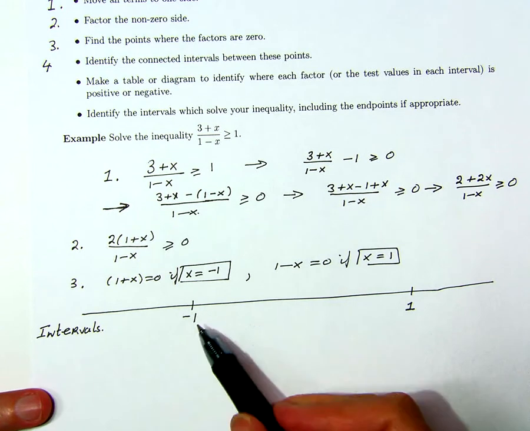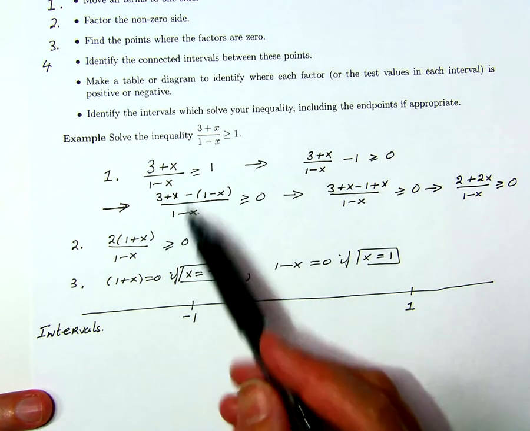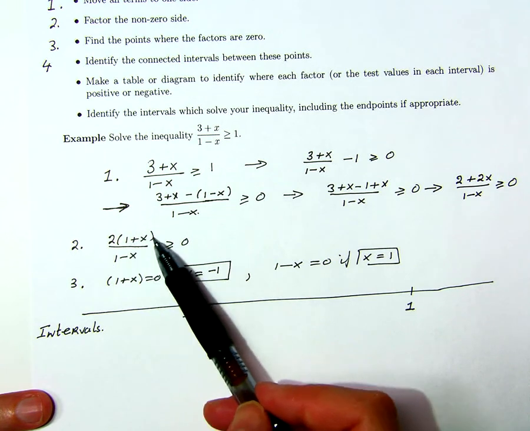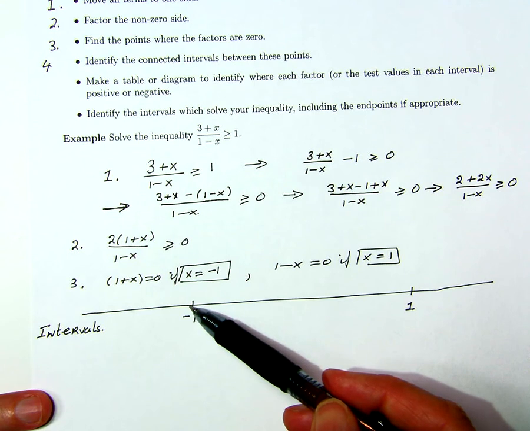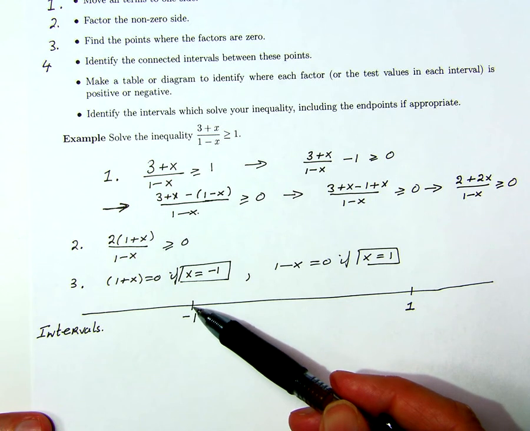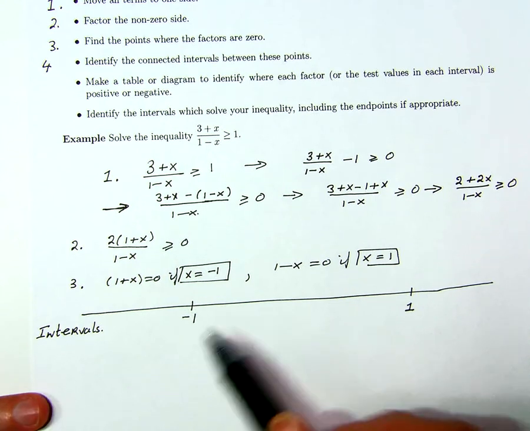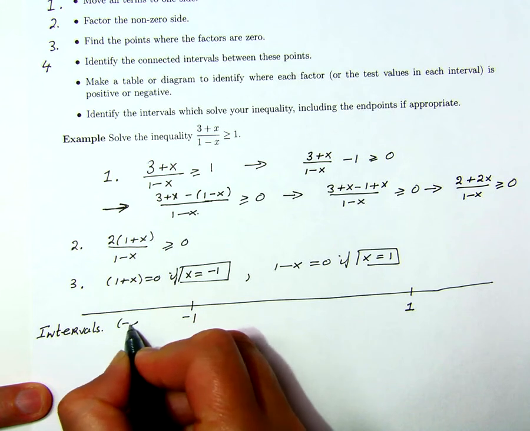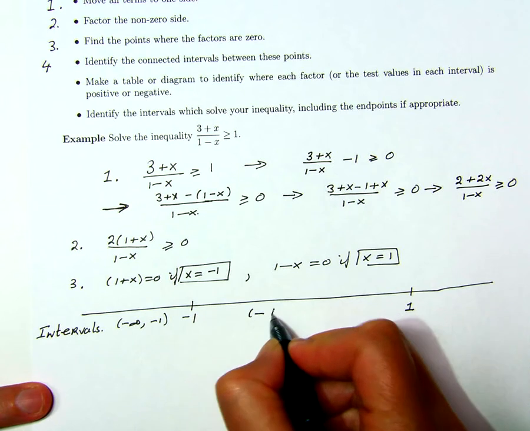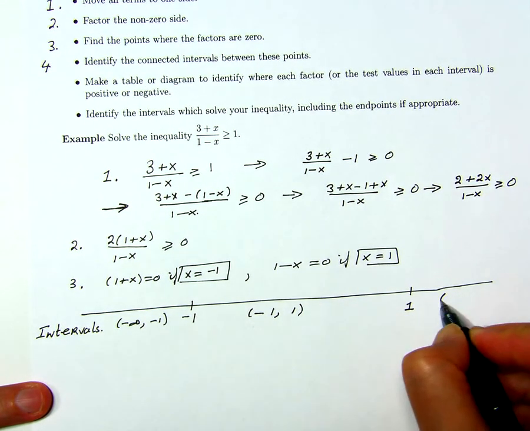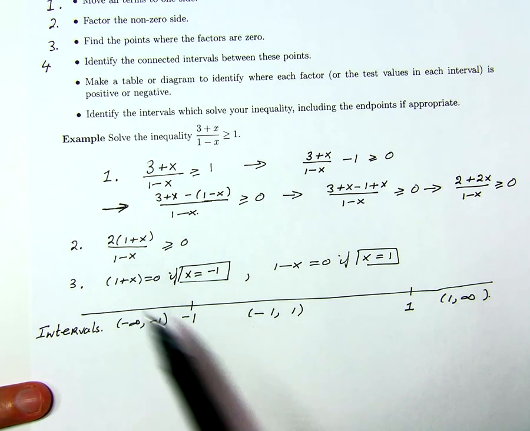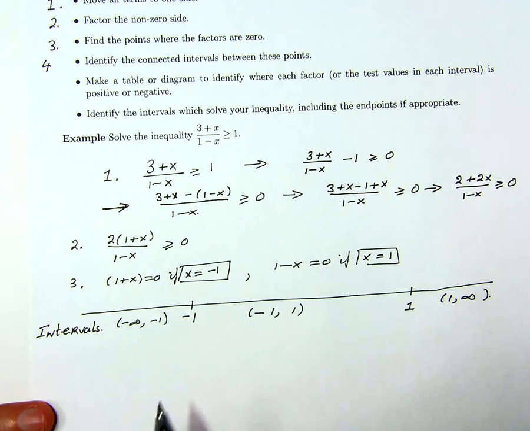And remember, these points are the only points where this rational function can change sign. 2 times 1 plus x over 1 minus x, these are the only points where the graph of that function can cross the x-axis, or the function itself can change from a positive to a negative. So this interval runs from minus infinity to minus 1, the next one runs from minus 1 to 1, and the next one from 1 to infinity. And this rational function must maintain the same sign on each of these intervals.